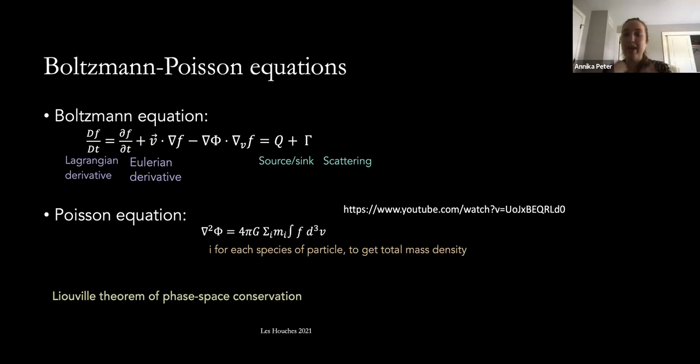One way I put it is, imagine that you're looking at a river and you're sitting on the riverbank. You would use this Eulerian interpretation of the phase space density if you're sitting on the bank of the river and just watching water flow through a fishing net or something. You describe what's going on in the water in that fishing net.